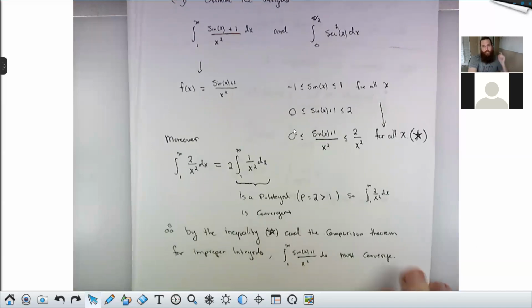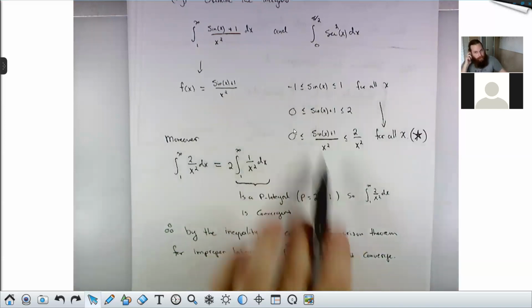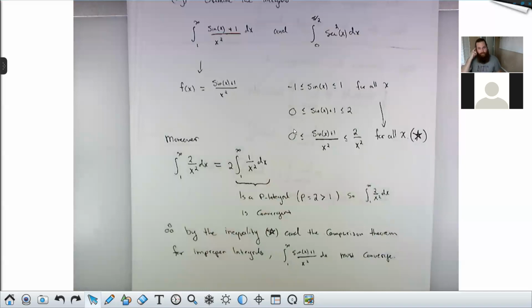And I want you to pay attention to every little bit here, especially the words and the logic. You will be making a lot of arguments like this, and you need to get to a place where you're comfy writing sentences like this, referring to and building inequalities like this, remembering previous theorems like this.